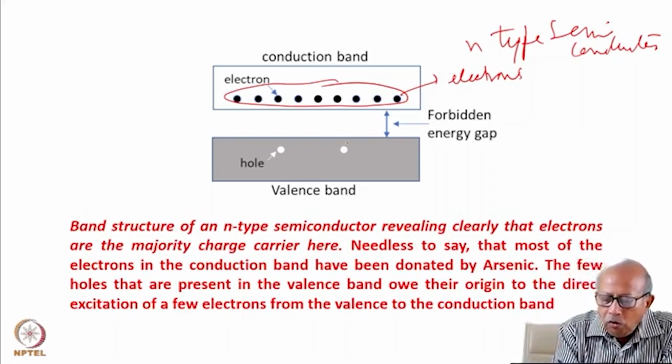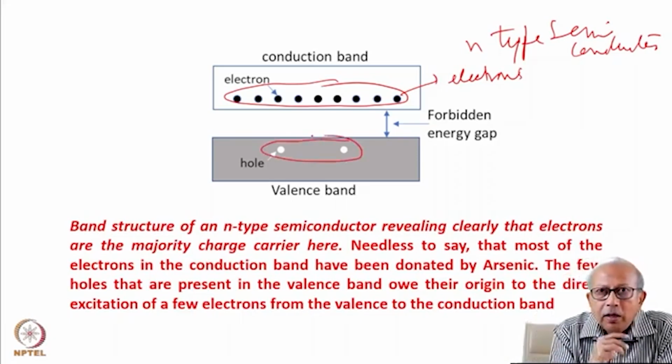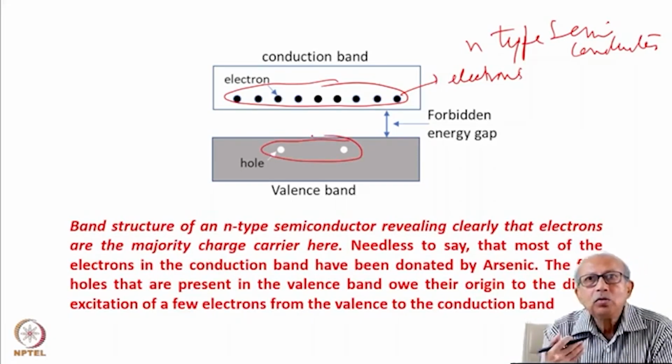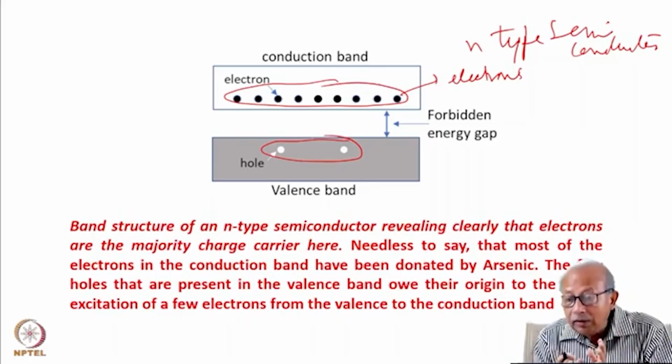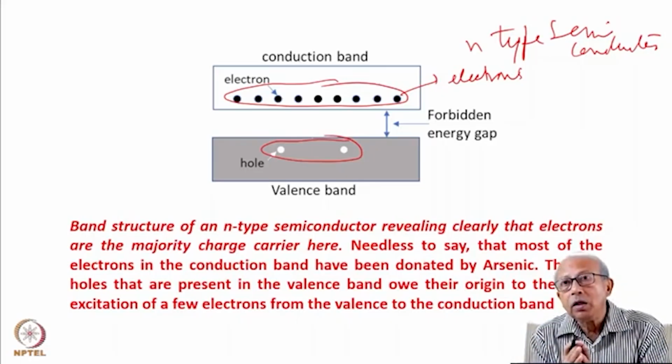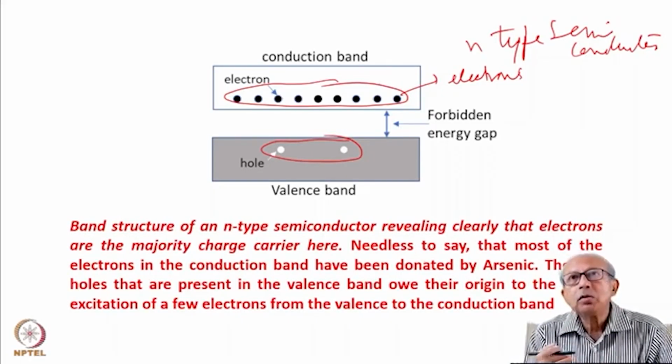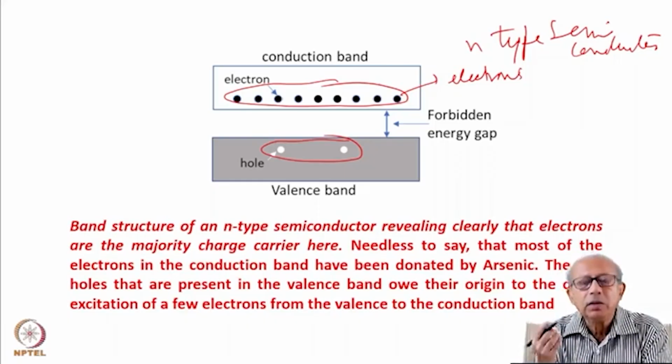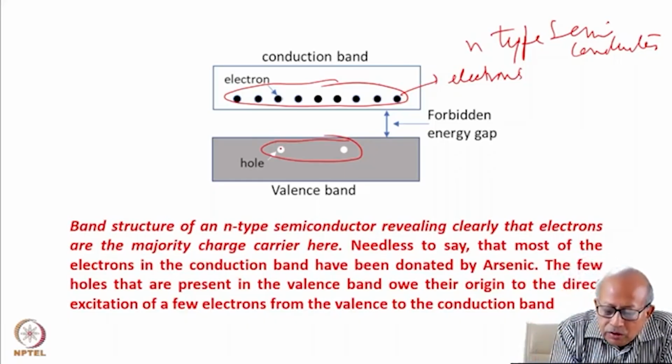The few holes that you see in the valence band are actually formed intrinsically by the property of the silicon semiconductor, because with some thermal energy, the electrons which are present here blow up and create this hole.